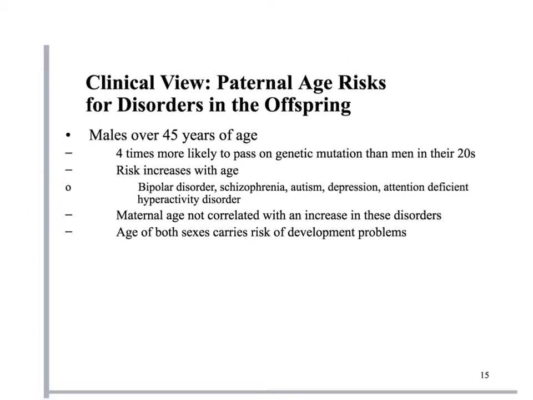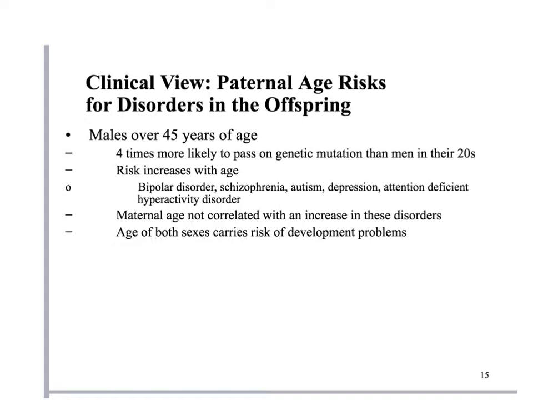Over time, this process loses quality control. Yes, males can have children when they're 45, 50, 60, 70 years old. There have been plenty of incidents where elderly gentlemen have had children.